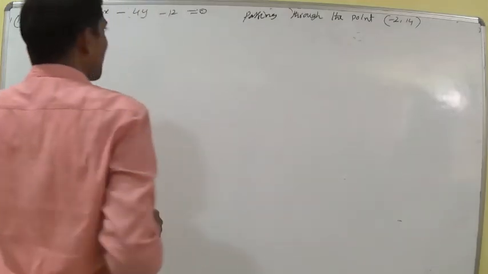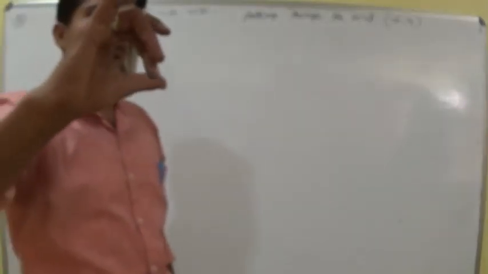See, we know that the concentric circles differ only in the constant.